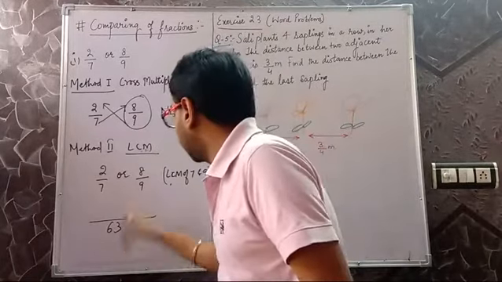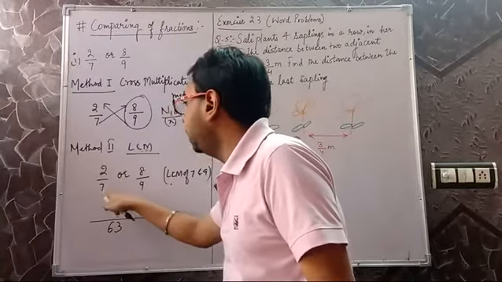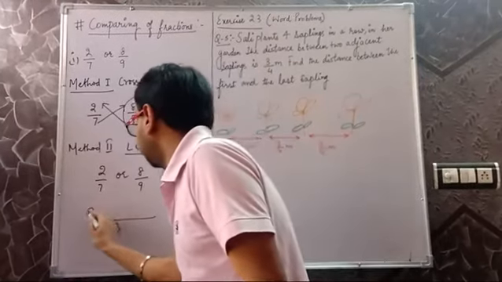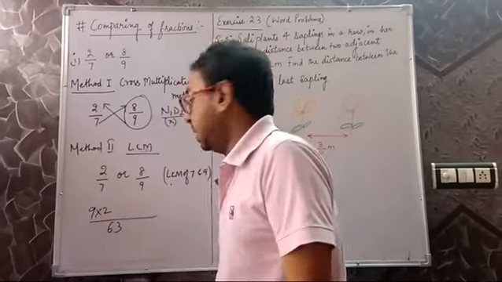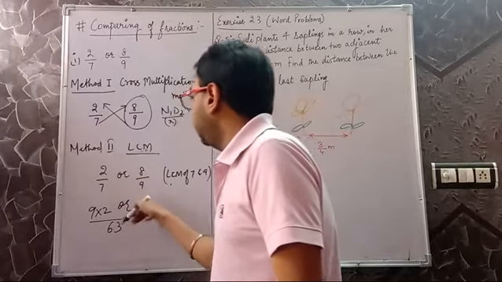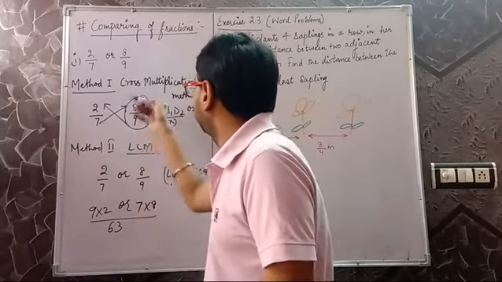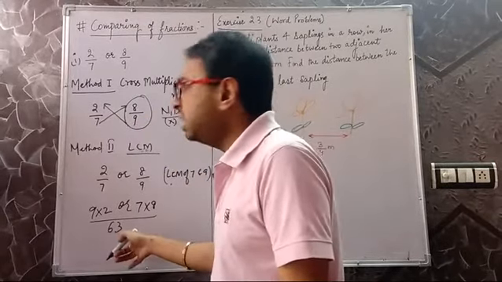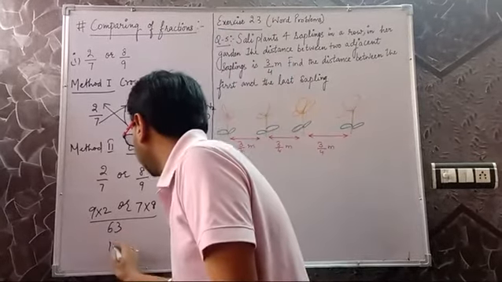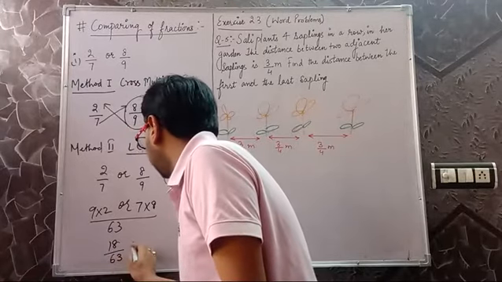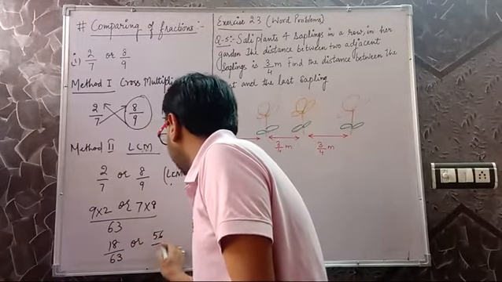Now 63 divided by 7 is 9, and 63 divided by 9 is 7. So we get 18 upon 63 and 56 upon 63.